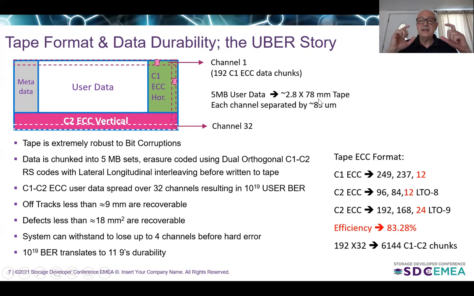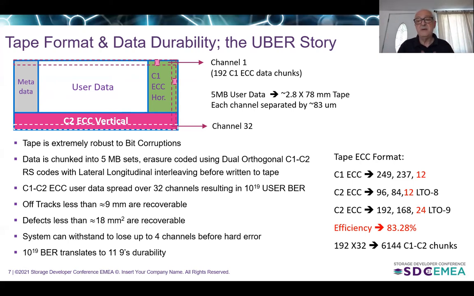That's the area that this covers. And now this entire data is broken into 6,144 different chunks. Each chunk has metadata, C1, C2, ECC capability built into it, so you can lose these chunks in any number of combinations and still be able to recover the data.